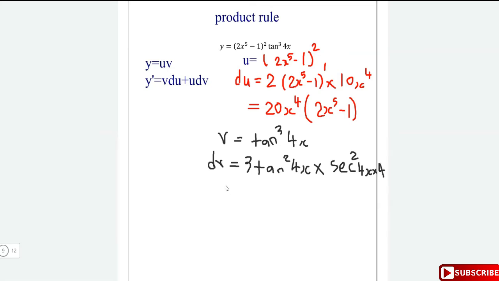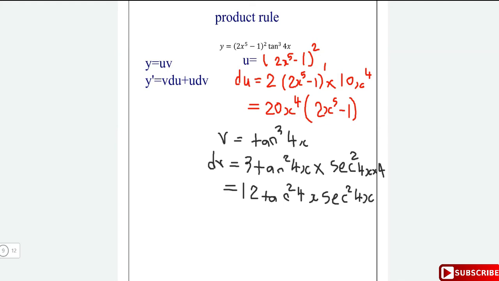So dv works out to be 3 times 4 is 12. So dv works out to be 12 times tan square 4x sec square 4x. Nice and easy and soft.